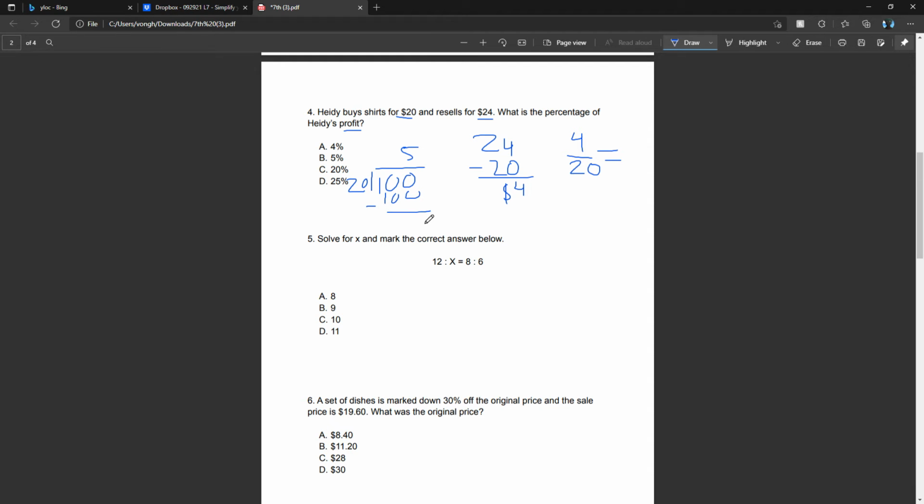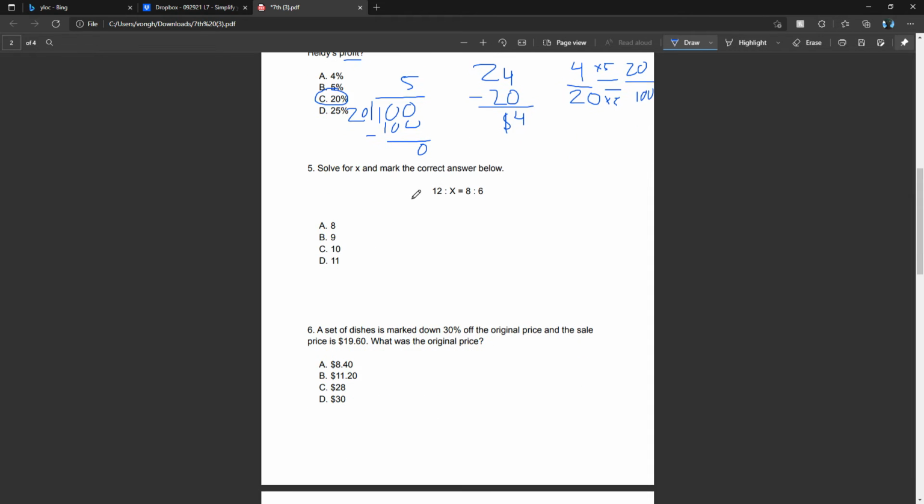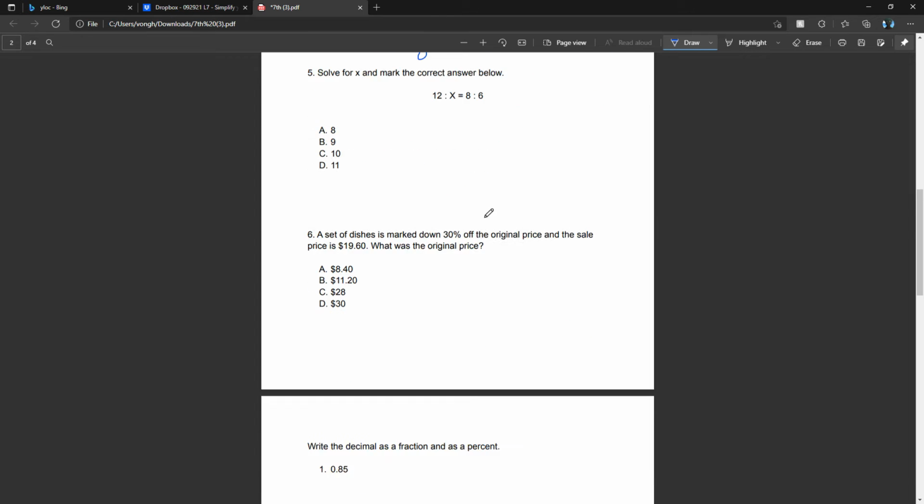So that means you have to multiply the top and bottom by 5, because you want the denominator to be 100. So that's 100. And what's 4 times 5? That's 20. And this 20 right here is our percentage, and so it's C. So that's one way you could do it too. Let's move on.